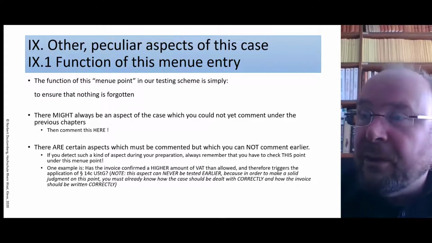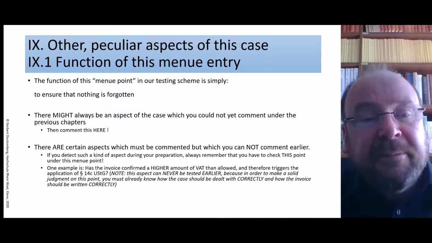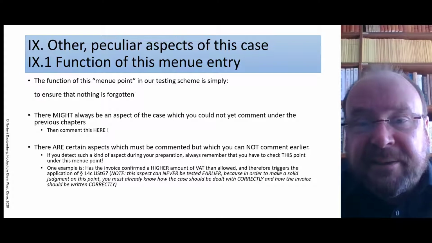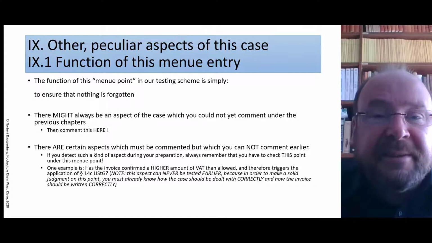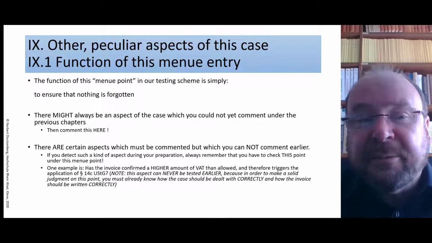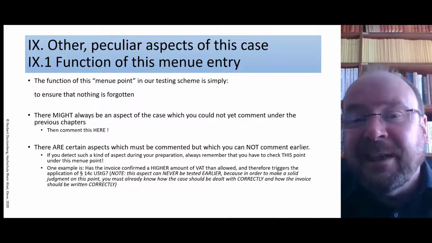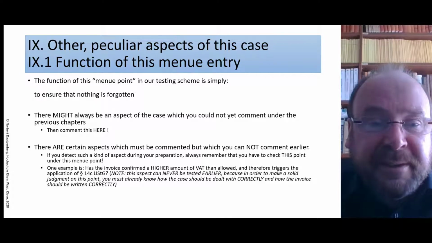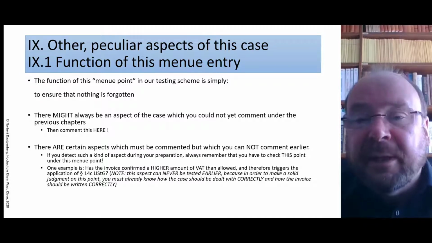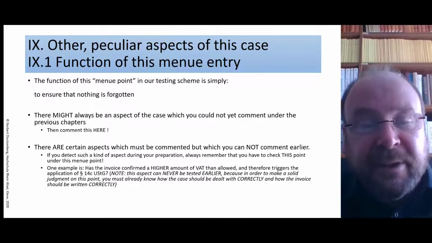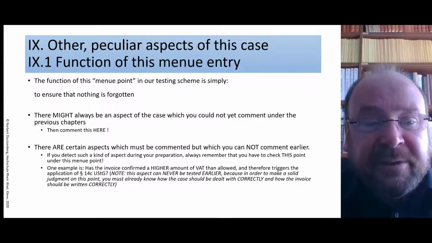Now, just to add a bit, there's also another menu point in the testing scheme which I always add, that is: are there some other peculiar aspects of the case? So is there anything in the case which has been forgotten to comment or which could not be commented until now under the usual testing scheme? So at the end of a good case, you should always check if really everything has been dealt with.